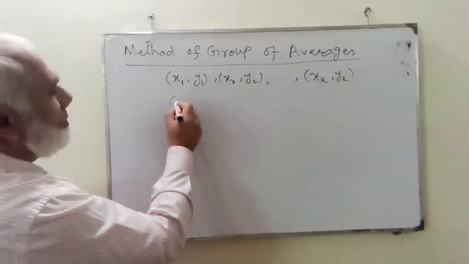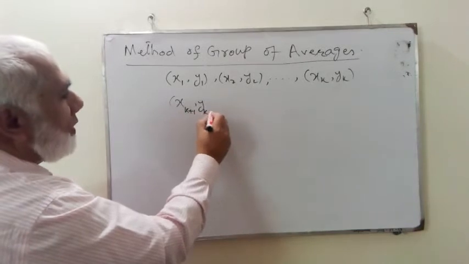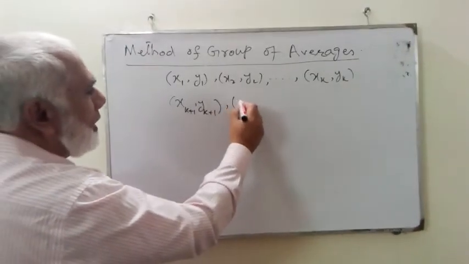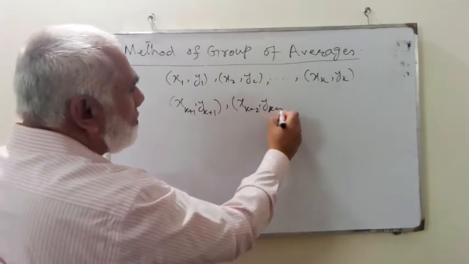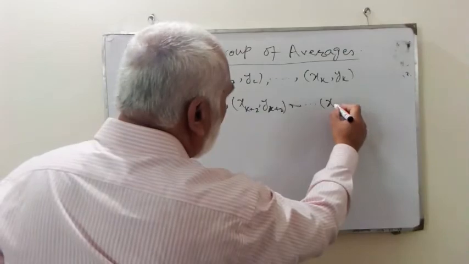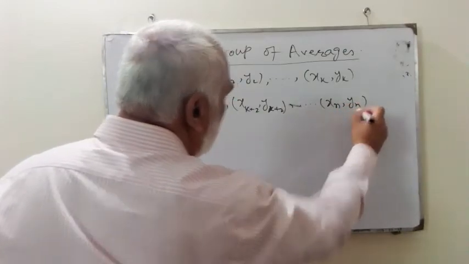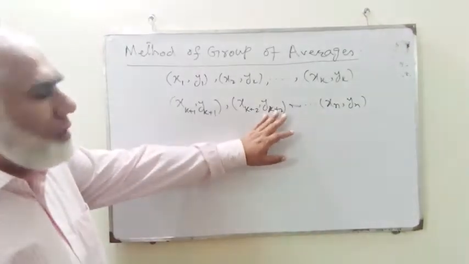And similarly, the remaining points will be in group number 2, and those will start from xk plus 1, yk plus 1, similarly xk plus 2, yk plus 2, and if we keep on writing, the last will of course be x and y. So these are the two groups of the given set of points.